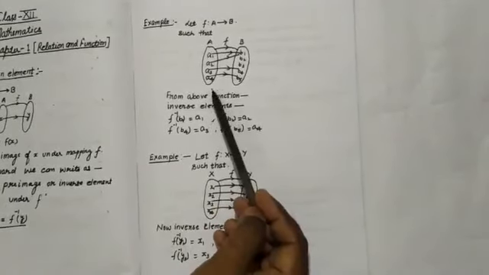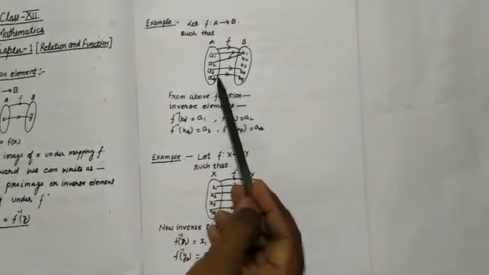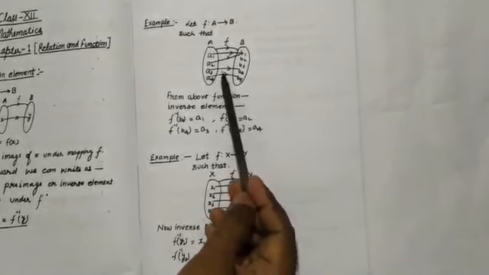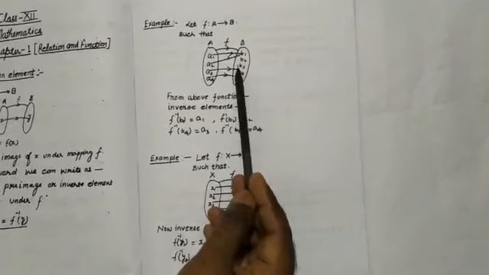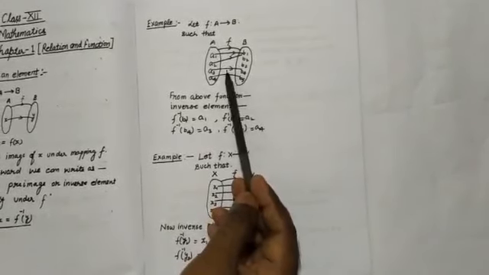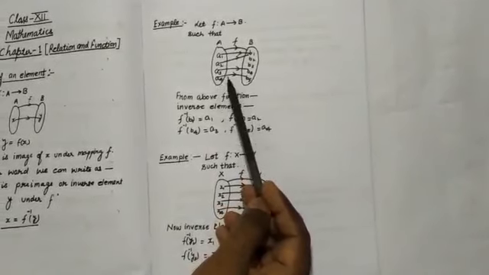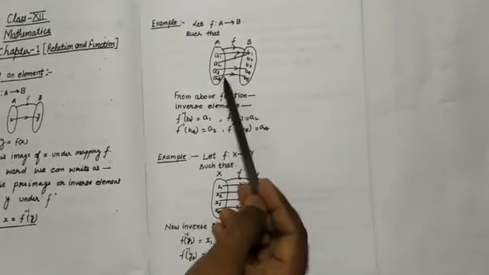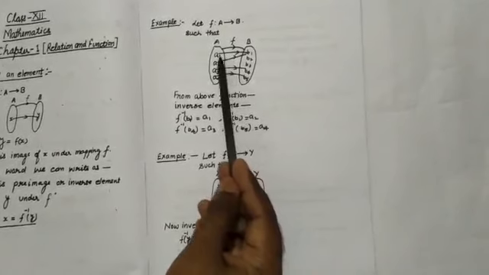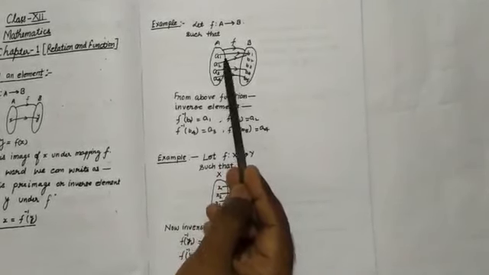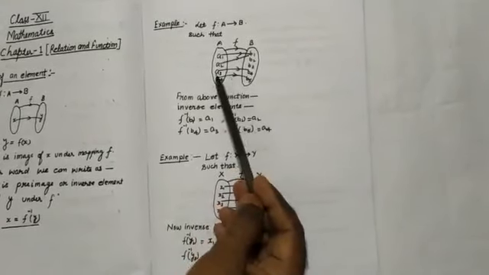And remember the kinds of function. Which type of function is this? Is the function one-one, is the function onto? First we have to check for one-one. If every distinct element has distinct images, the function is said to be one-one.